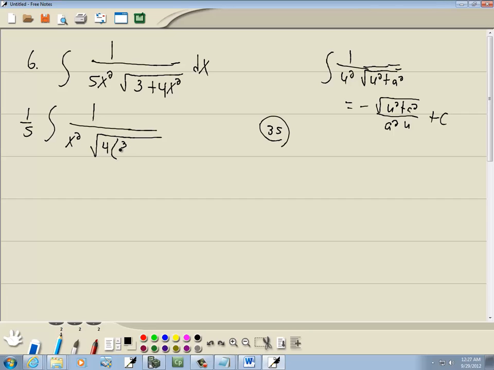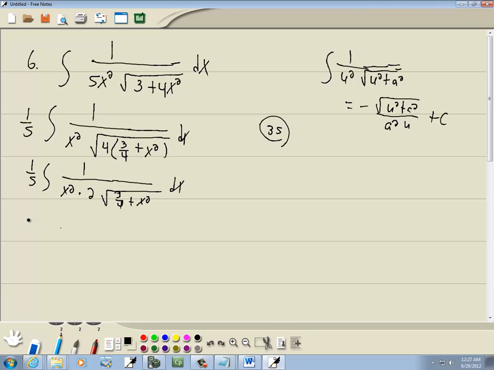Now when I factor out a 4, that's like dividing out a 4. So we got 3 divided by 4, and this would be plus x squared. Now that I can bring outside the radical. So we got 1/5, 1 over x squared times 2, and then the square root of 3/4 plus x squared dx.